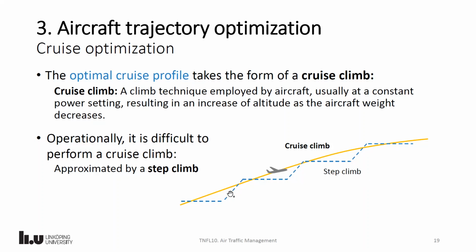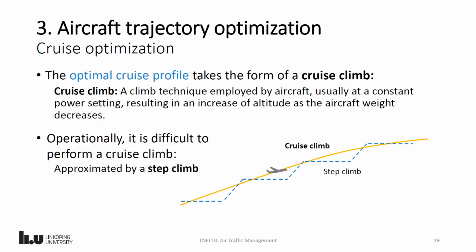In a step climb, we try to approximate this optimal trajectory, the cruise climb, with a series of level flight, a little climb, some other level flight, climb, level, etc. This kind of trajectory configuration is easier to implement in an operational environment. You ask for permission to fly from one flight level to another, but it is still more optimal than flying at a constant altitude for the whole flight.